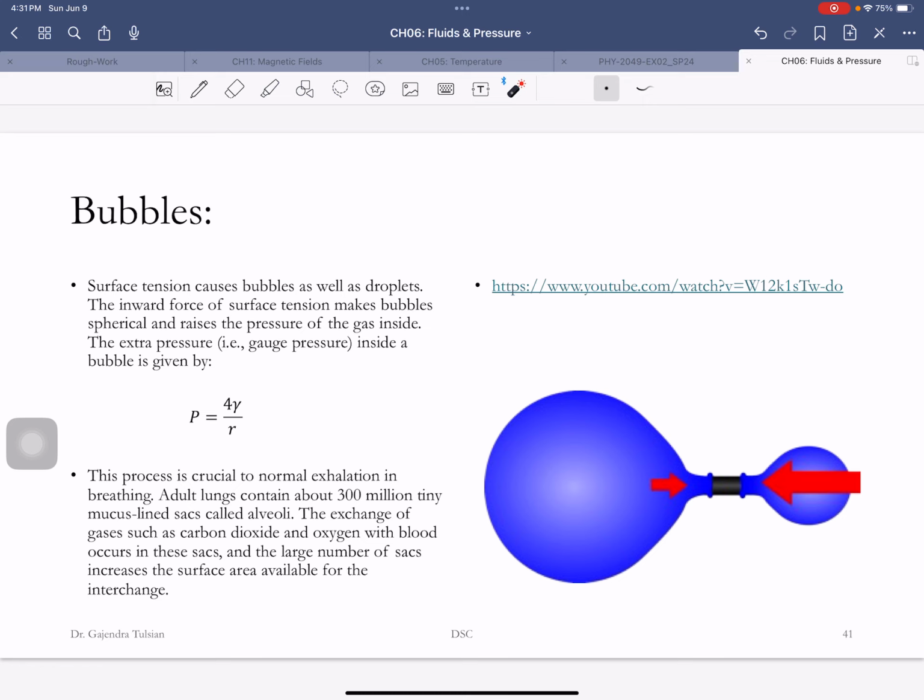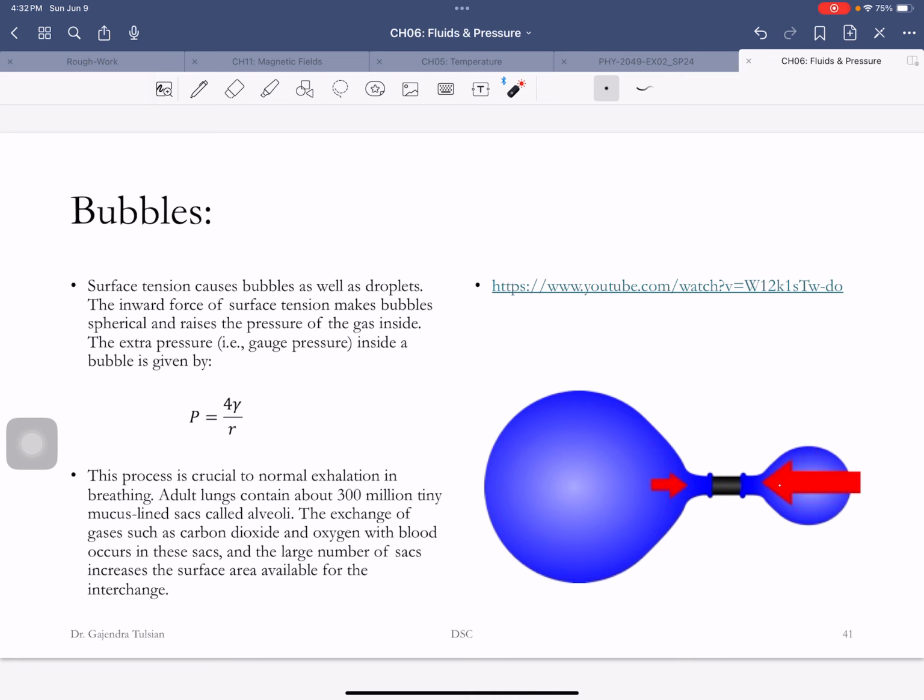So the smaller the radius, the higher the extra pressure. When you first see this, you would think that air would move from here to there, but the smaller the radius, the higher the pressure. So this air is at higher pressure than this, and air will go from here to there.